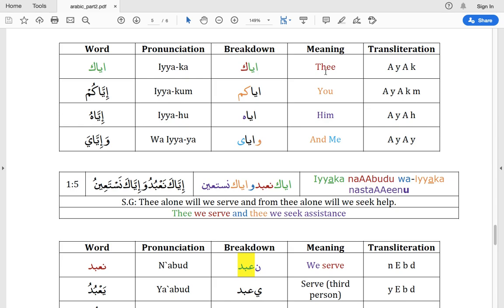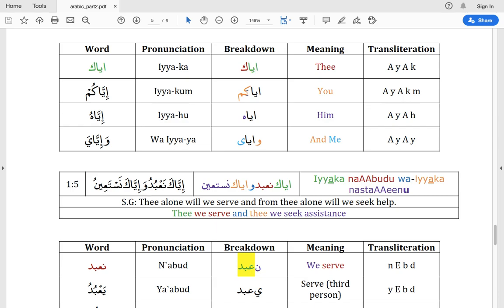Going back to lesson one, "thee" means it's a singular reference, and "you" means it's a multiple reference. So if there's just me and you, and I'm speaking to you, I will use the word thee. But if it's you, me, and another person, and I'm speaking to all of you, then it will be you. Now coming down here, we have iyakum. Alif, ya, alif, kaf, mim.